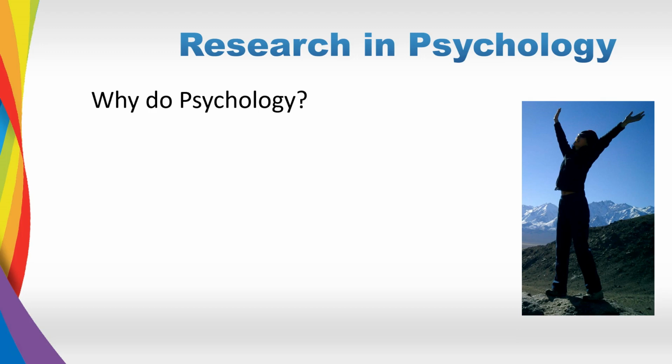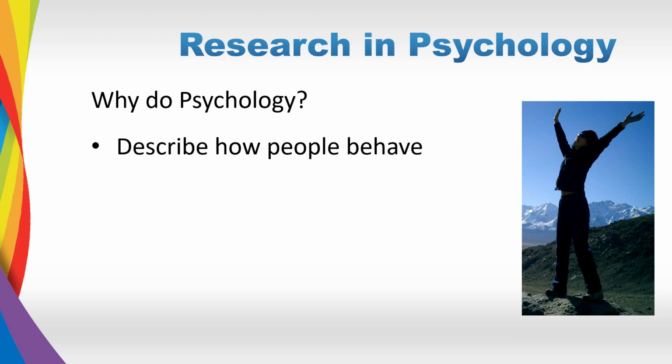All right, so why do we do psychology? In psychology, there's so much research that's being done. So why? One of the things is we want to be able to describe how people behave. Because if somebody's doing something, first we have to notice it, and we have to be able to describe what it was that we saw. What was the actual behavior?